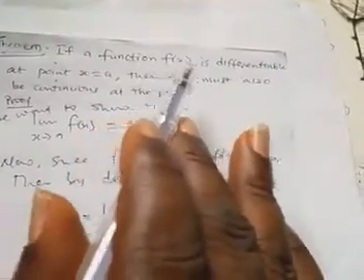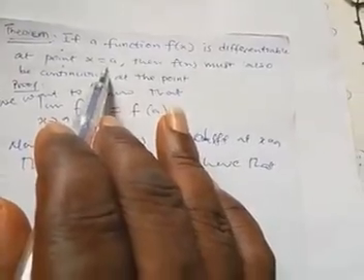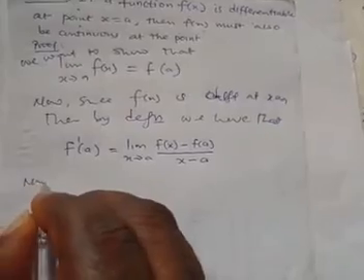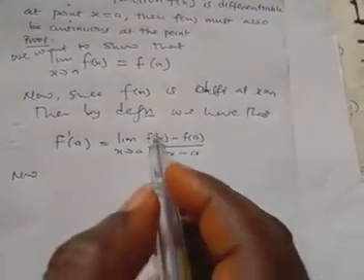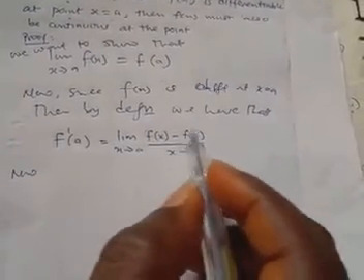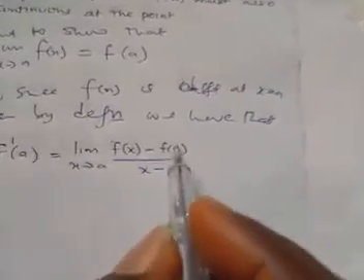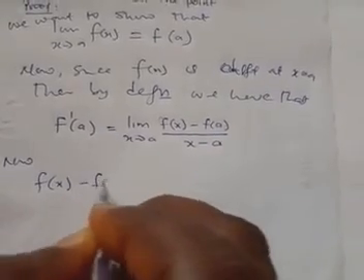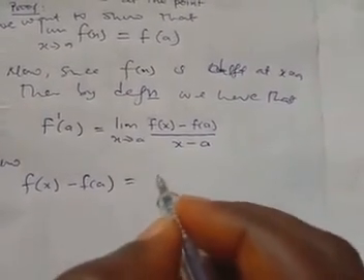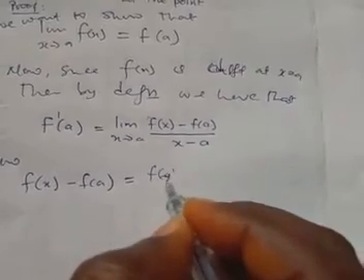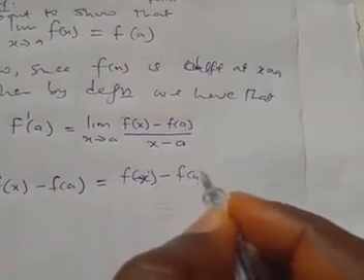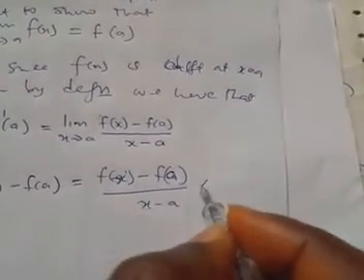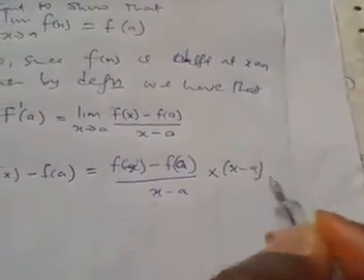Now we consider the following. The trick here is that we consider f of x minus f of a, which will be equal to f of x minus f of a divided by x minus a, then multiplied by x minus a as well.